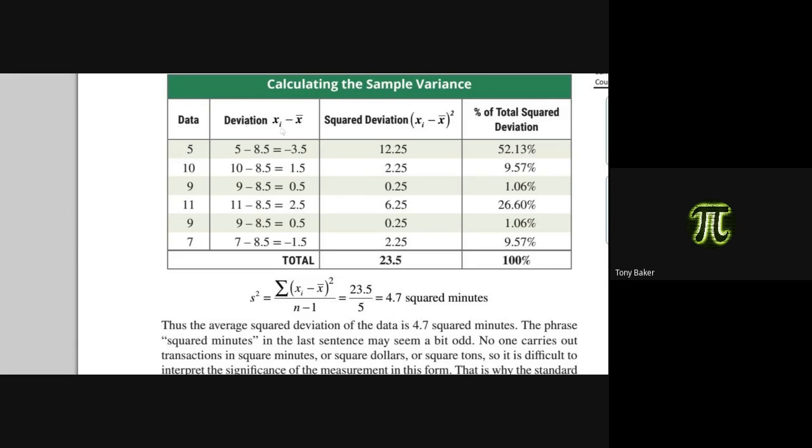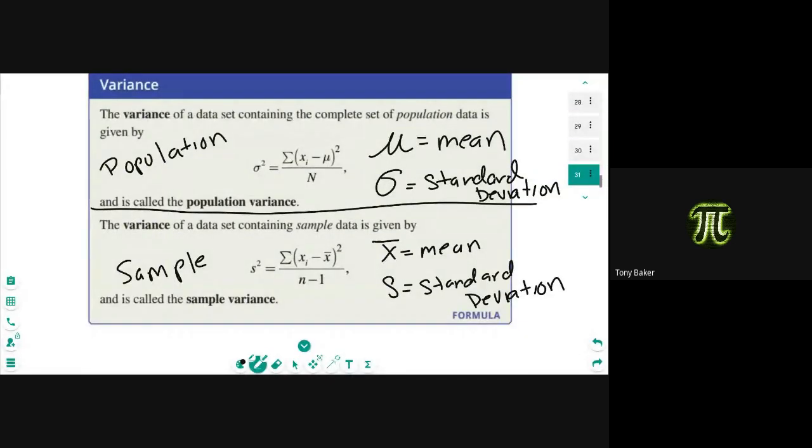Deviation, squaring it, adding them all up, and then dividing. These are all the different steps for just 6 numbers. Now imagine if you had to do 50 or 100. Not going to happen. There you go. Yes, population variance.